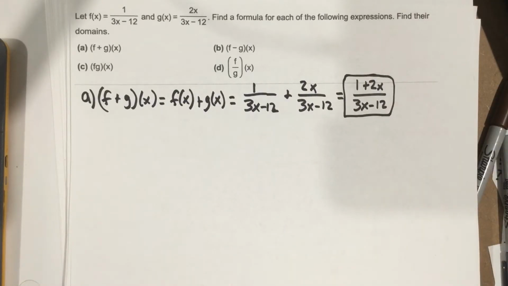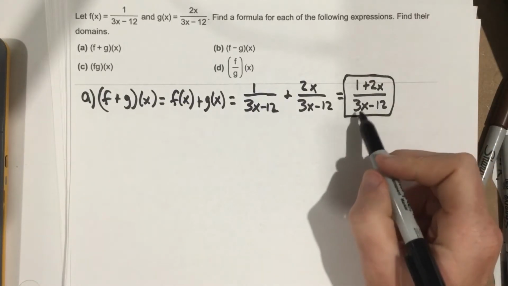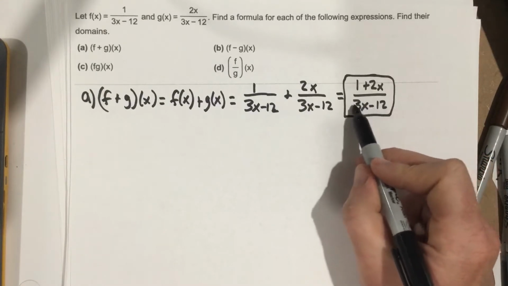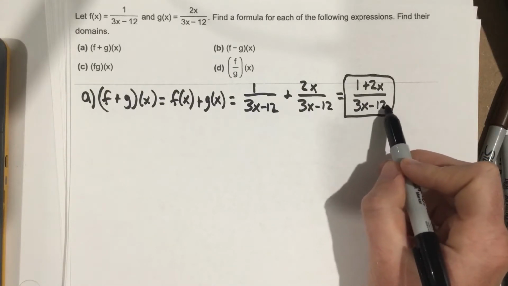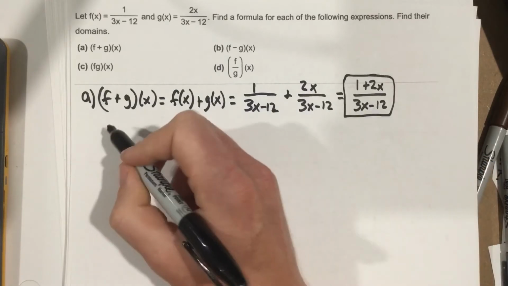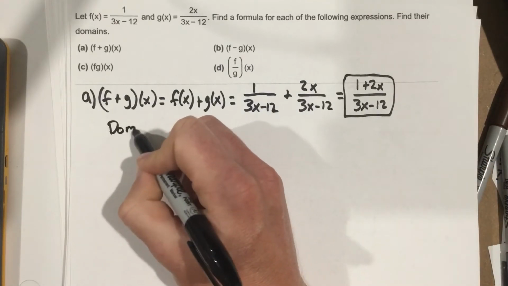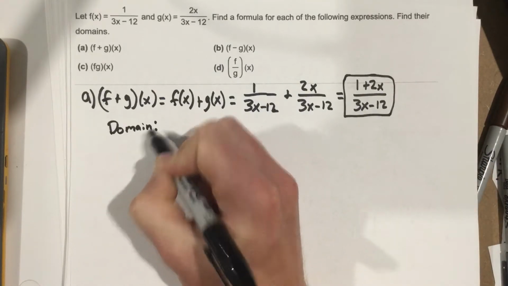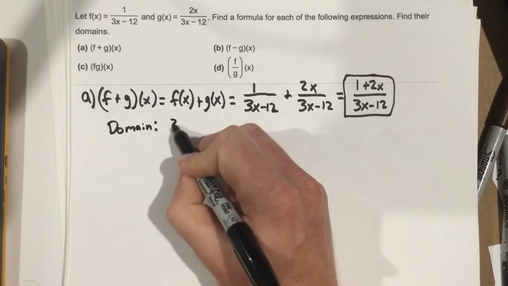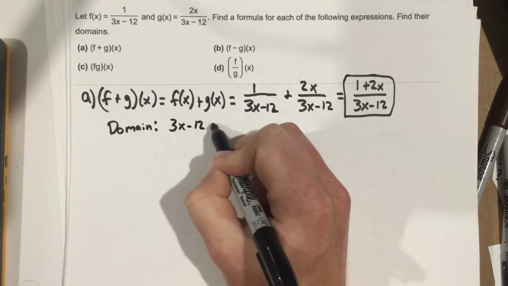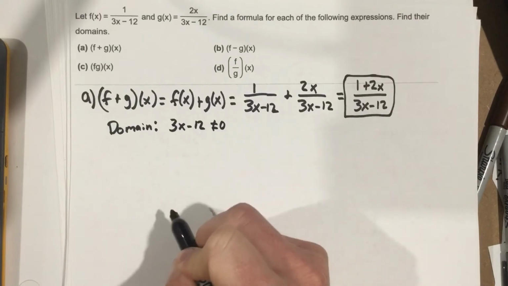Now the domain. How do we figure out the domain of this? Well, we look at the denominator. What can the denominator basically not equal? So we're going to say the domain is going to be 3x minus 12 not equal to 0.